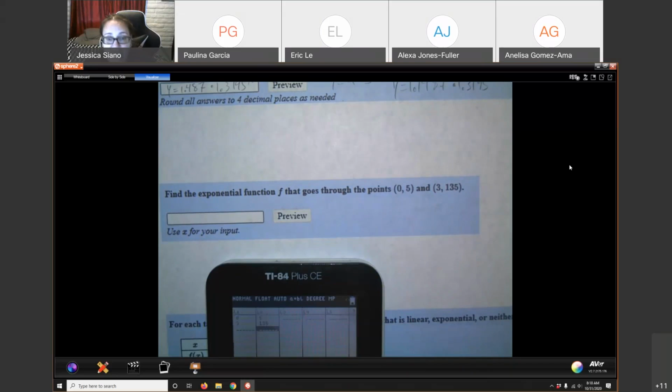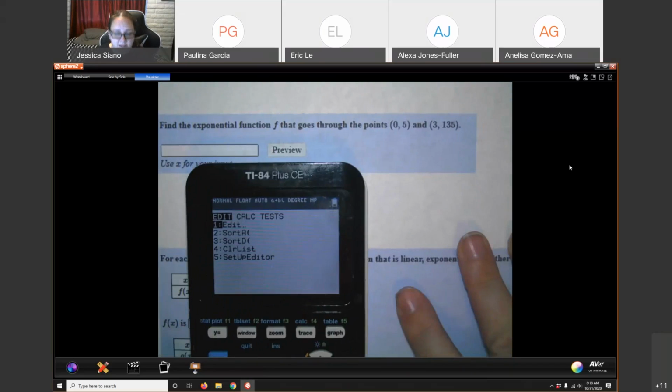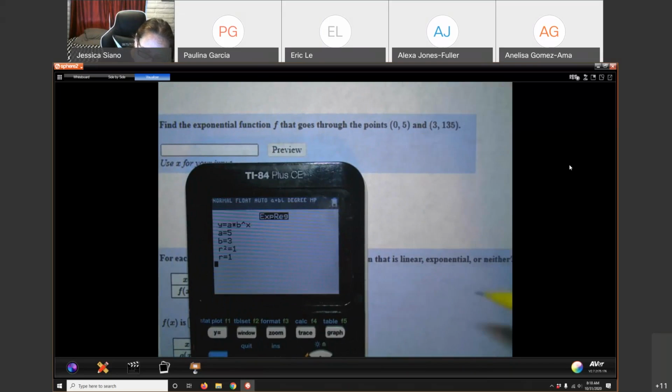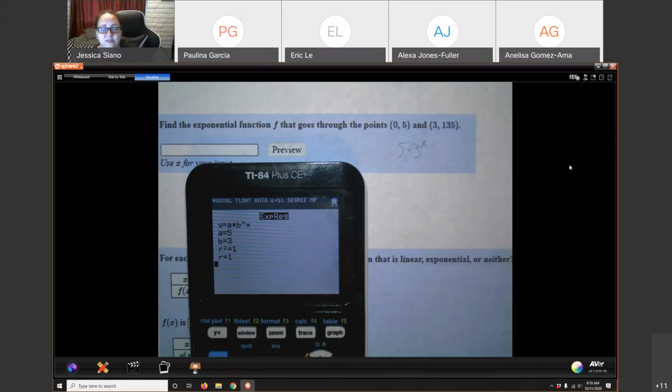Then we go stat, and then calc. Like I said, exponential regression is just off the screen. So 5 times 3 to the x. I bet they don't even want y equals. Since they didn't give us a function, they probably just want 5 times 3 to the x.